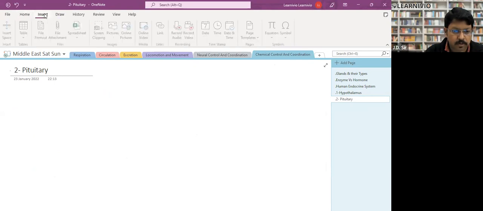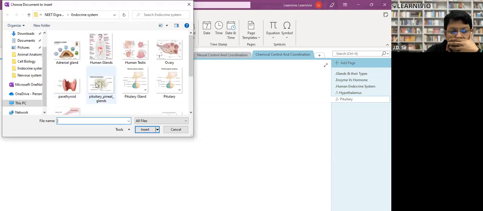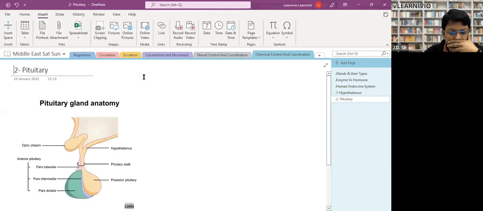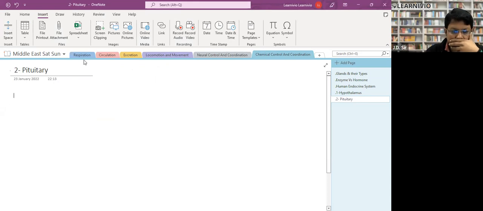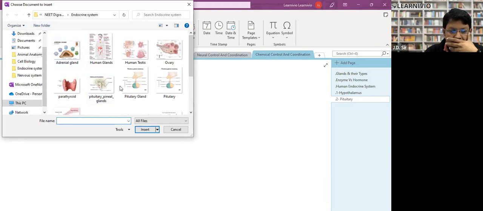We have already seen the diagram. Put the same diagram.